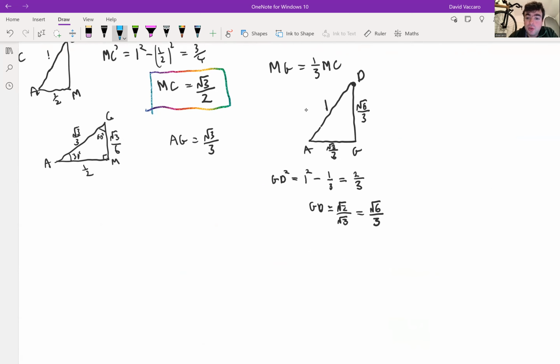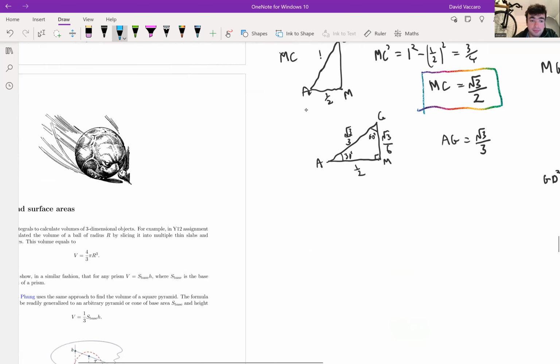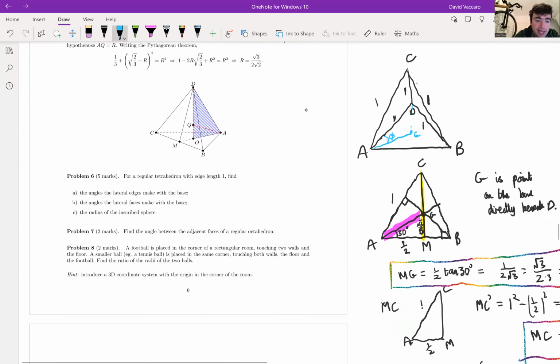It's your choice: we could say that sine alpha is √6/3, we could say that cos alpha is √3/3, or we could say that tan alpha is √2. And so that is that angle. Okay, so we've done the first part, we've done A.